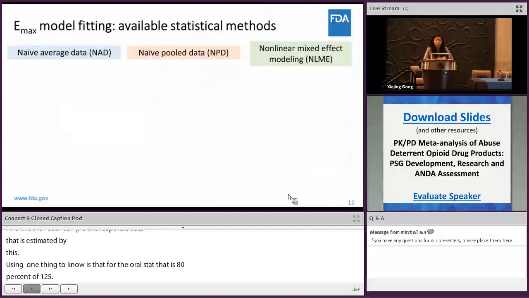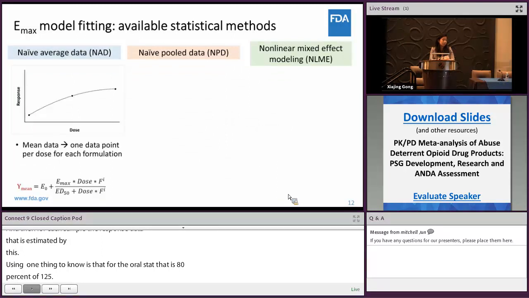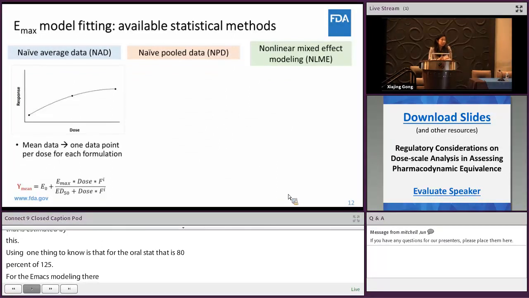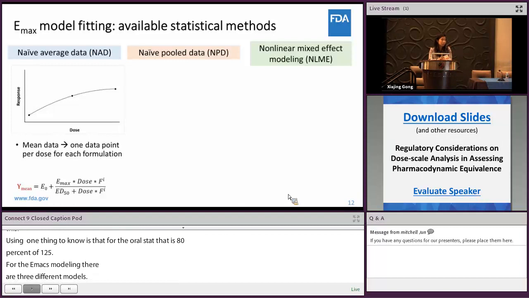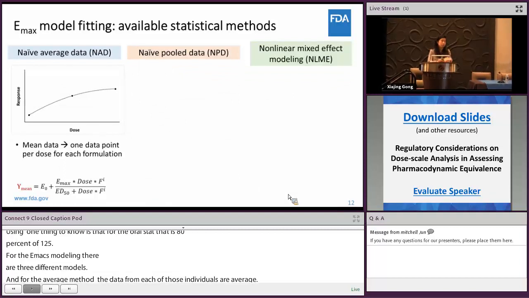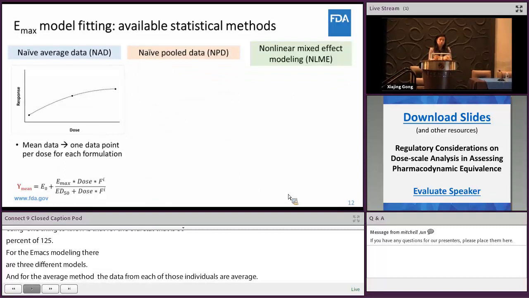For the Emax model fitting, there are several methods available, including the naive average, naive pooled, and nonlinear mixed effect modeling. For the naive average method, the data from each individual are averaged so that there is only one data point per dose for each formulation. As the plot shows here, there are only 3 dots, or actually 4 dots here.